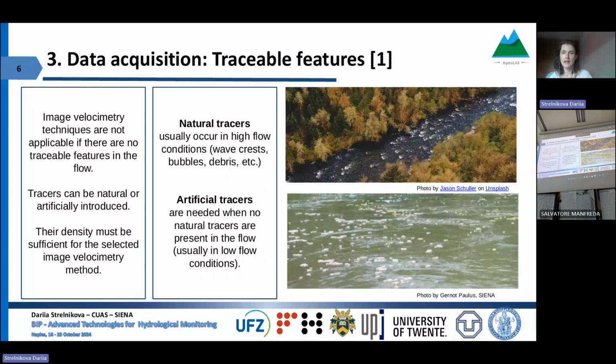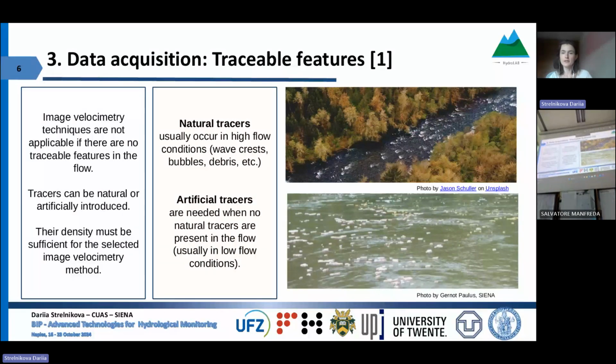And we can have natural tracers, especially in high flows. There are always some crests of waves, there are bubbles, there is debris, or very characteristic structures. In low flow conditions, very often we do not have anything on the water surface which represents the behavior of the flow, and then artificial tracers can be used.